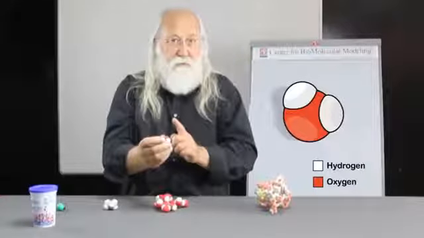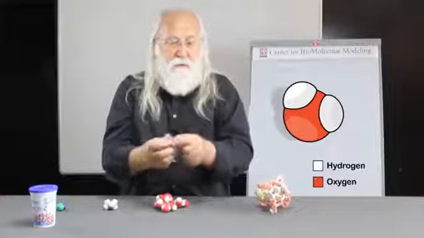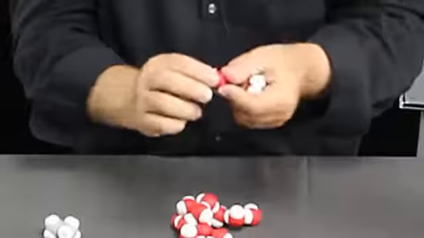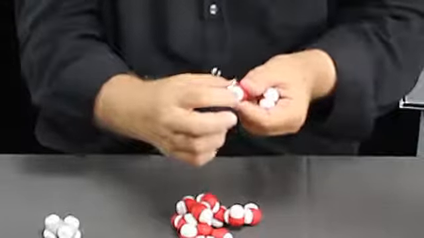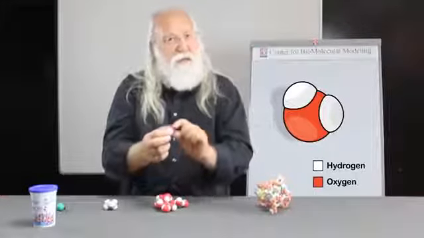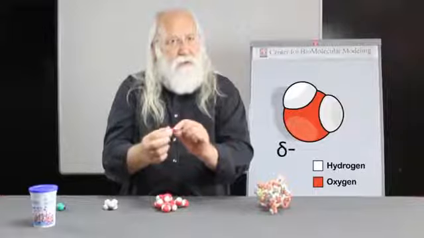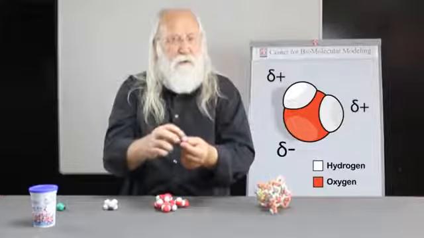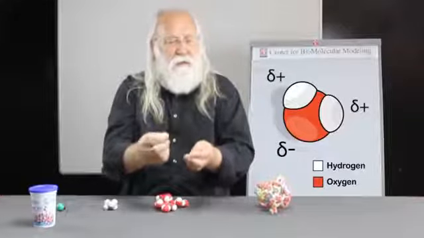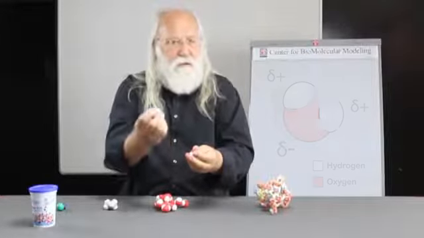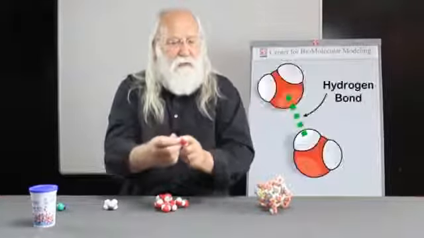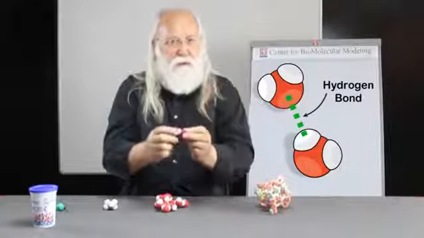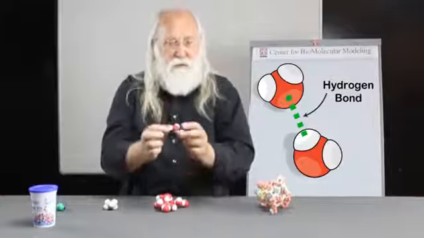Electrons are negatively charged. They spend more time orbiting the oxygen atom than the hydrogen atoms, and therefore you develop a slight negative charge on the oxygen and a slight positive charge on the two hydrogens. So that's why the hydrogen of one water, which is slightly positive, can hydrogen bond with the oxygen of another, which is slightly negative. So that's polarity.